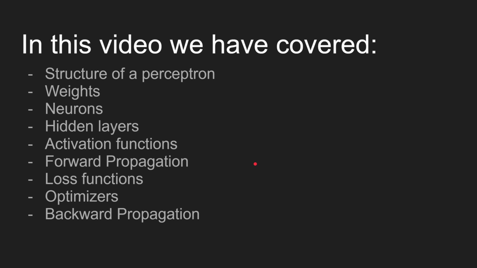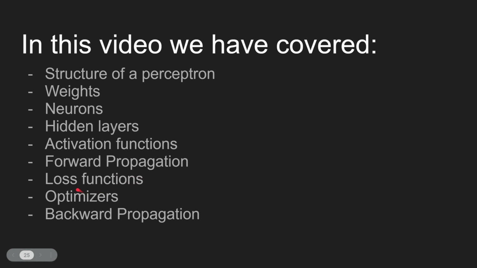And so final summary, in this video we have covered the structure of a perceptron, weights, neurons, hidden layers, activation functions, and we covered the sigmoid function. And for propagation, remember taking input multiplied by weight, feeding it into our hidden layer and output layer, and finally we get our output.